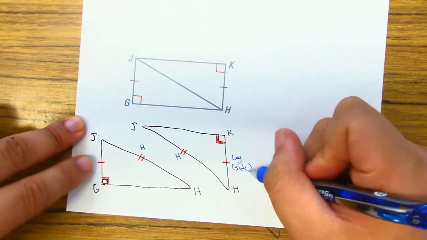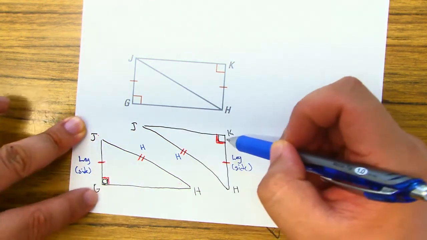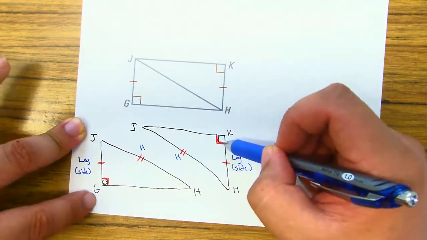Since I know these two sides are congruent as well, and you know that the hypotenuse is congruent in a right triangle. Once again, you can only have a hypotenuse if you have a right angle.